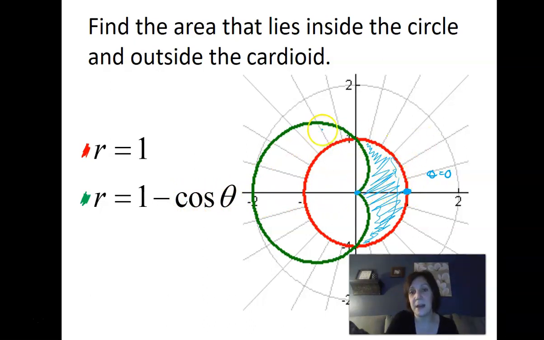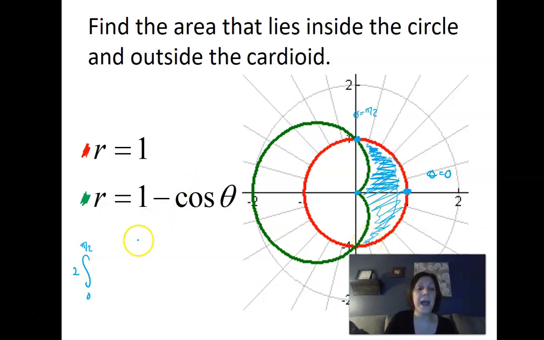And then if you take that up to theta equals pi over 2, that's going to bring you up here to where they both meet at 1, right? So I'm thinking let's take our integral from 0 to pi over 2, and then we'll just double that, right? Because from 0 to pi over 2 is going to give me all of this. And then I know it's going to be double that.